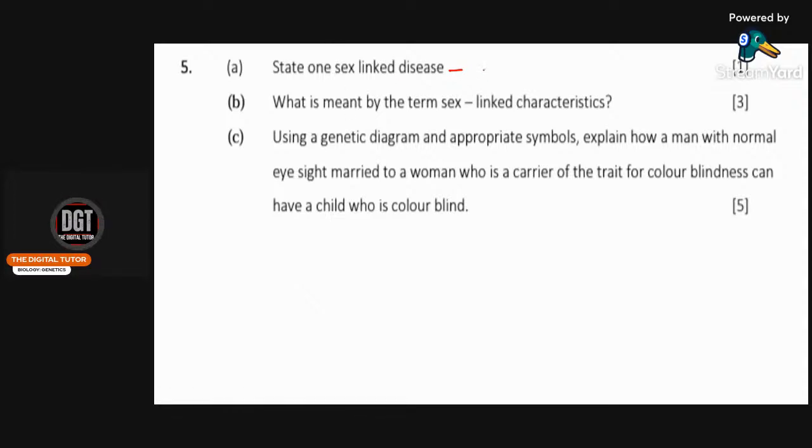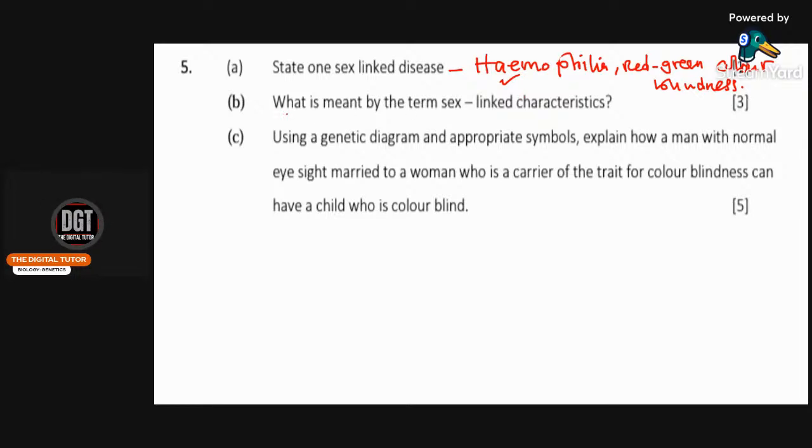One of the sex-linked diseases we can talk of is hemophilia. Then also we have red-green color blindness. So you can put hemophilia or red-green color blindness.